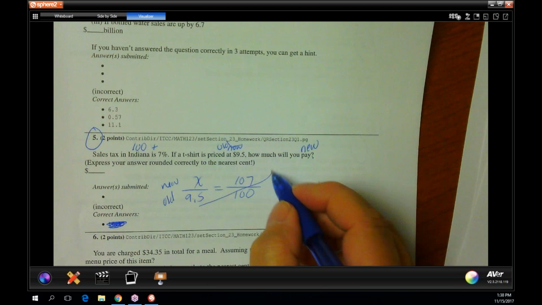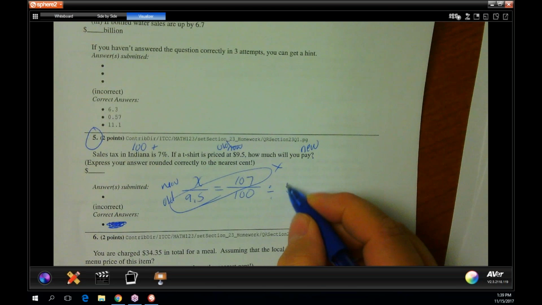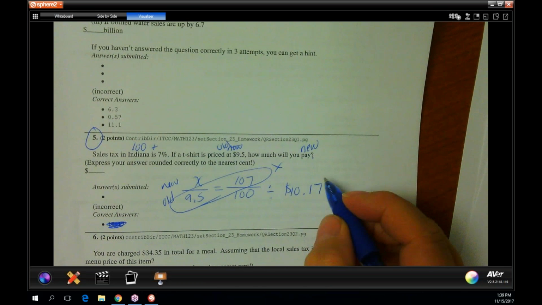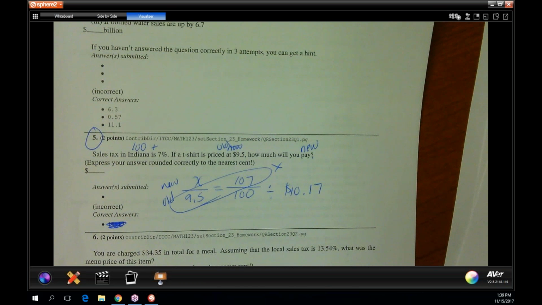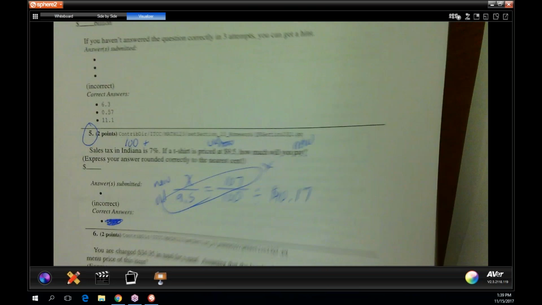This is X. Multiply and then divide. $10.17. And yes, that's a straightforward one. But unfortunately, if you don't tend to do them all this way, you don't get the other ones right.